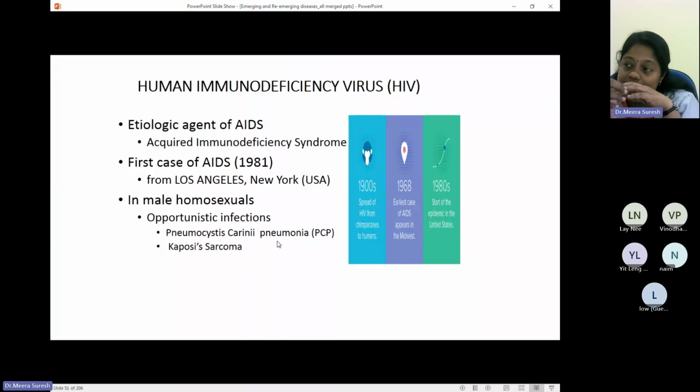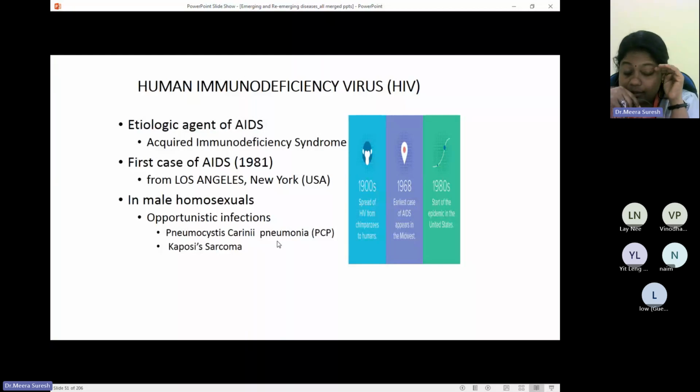So this was a rare type of pneumonia that was seen until then. Physicians knew the presence of such a pneumonia, but it was not very common. It is usually called an opportunistic infection. Opportunistic infections occur only when the immunity mechanism of a person is getting lowered.